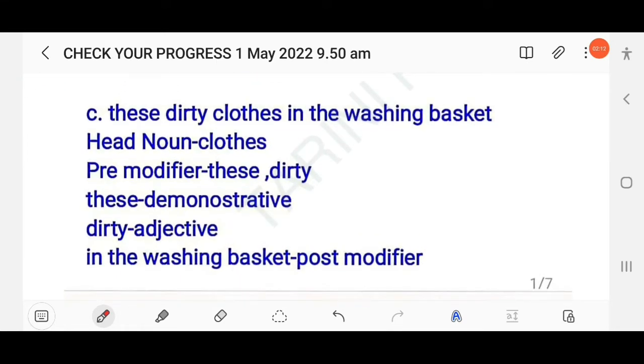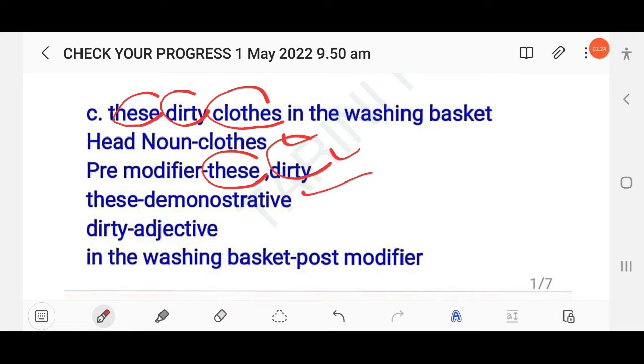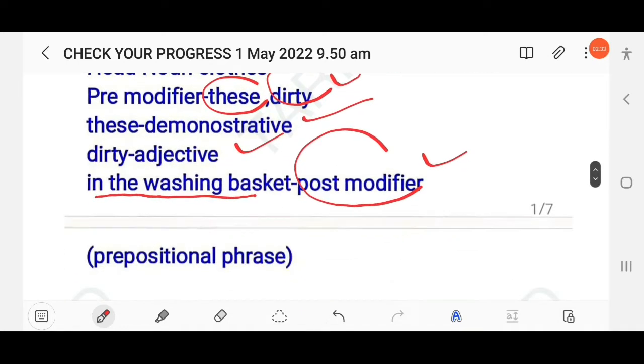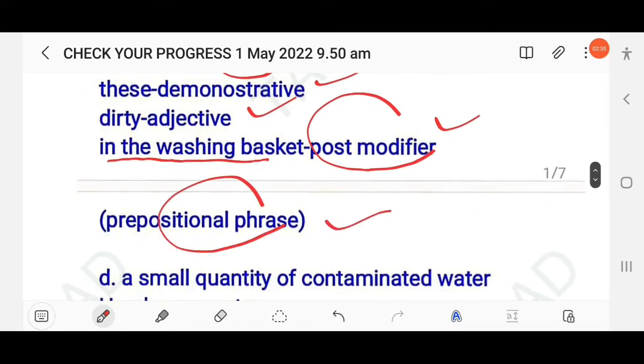The head noun is clothes, and the pre-modifiers are these and dirty. These, this, that, those are known as demonstratives. So write demonstrative for these, and dirty is an adjective. In the washing basket is a post modifier and a prepositional phrase.